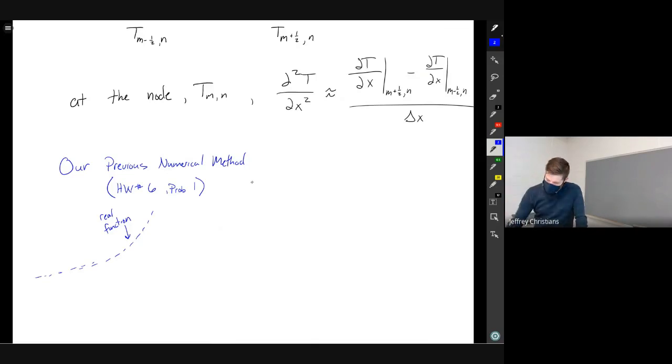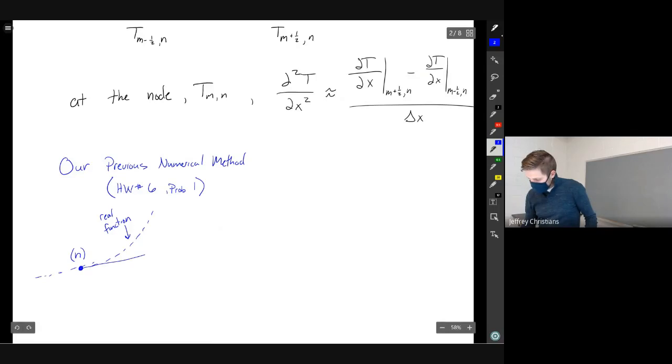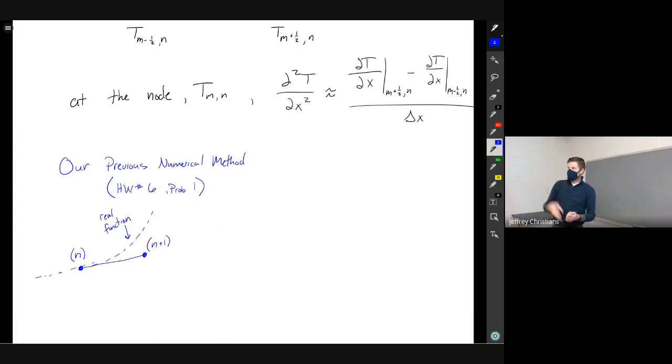We took a point here, n, and extrapolated the slope at that point to the next point, n plus 1. Then we calculated the slope at n plus 1 and extrapolated it to n plus 2. We were always taking the slope at one point and extrapolating it to the next point.